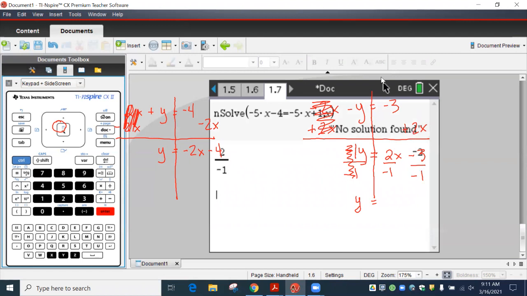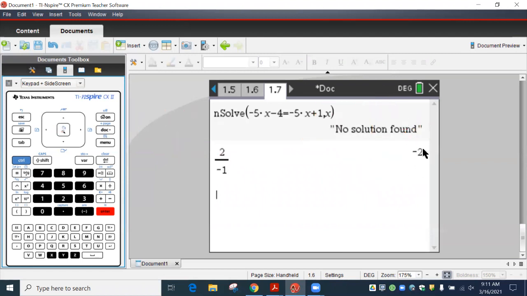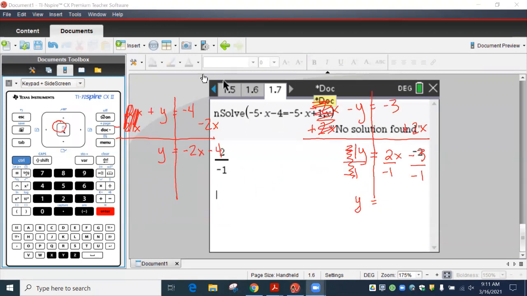And I'm going to clear this for just a second. It gives me a -2. So I'm going to go ahead and write -2x. And then I'll put -3 over -1 in the calculator. So control divide -3 over -1. Enter, and I get a +3, so I'll put +3.